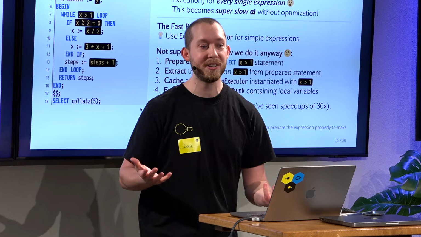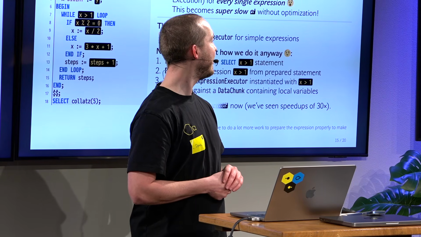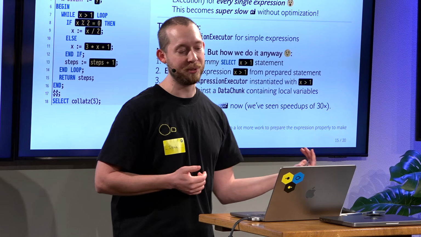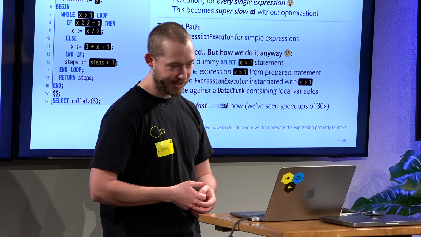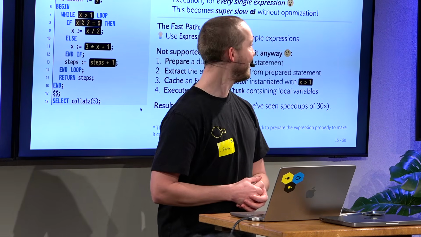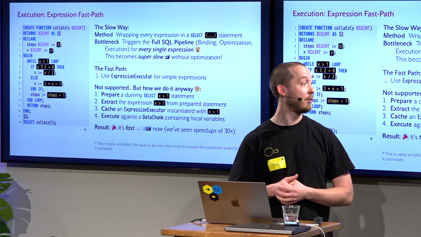The way we do it is a little bit different. We want to use the expression executor directly, which is not supported by the system, but we still do it because we can. What we do, in a nutshell, vastly simplified here, is prepare a query like select x greater than 1.